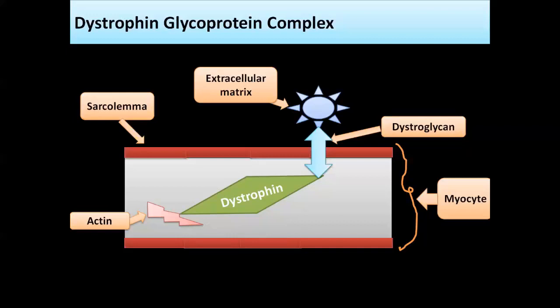It binds with actin on one side and with extracellular matrix via dystroglycan on the other side. When there is a deficiency of dystrophin, the anchorage between actin and dystroglycan plus extracellular matrix is lost. Then gradually, sarcolemma begins to disintegrate.